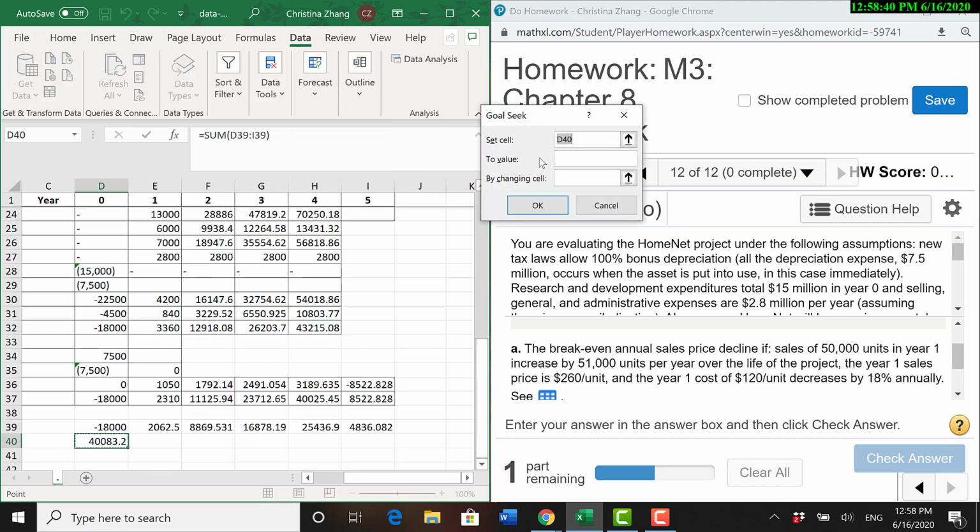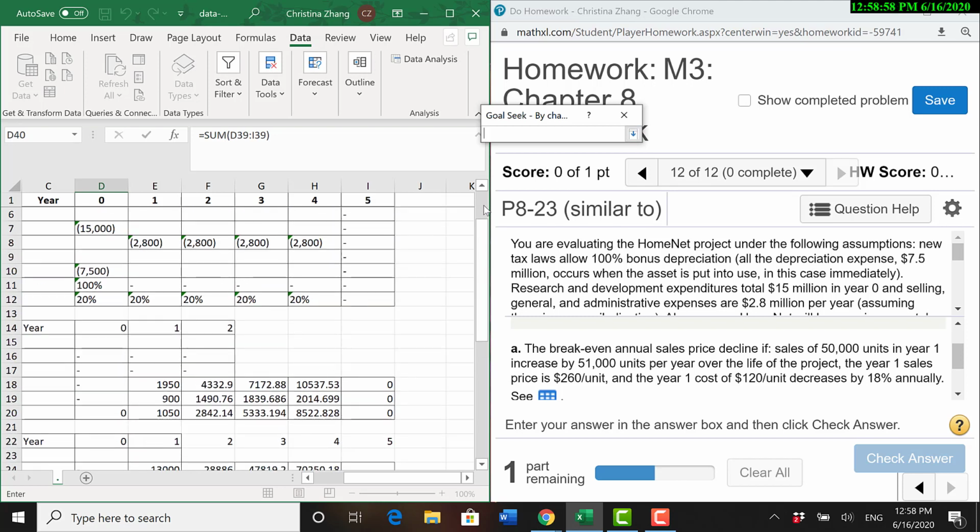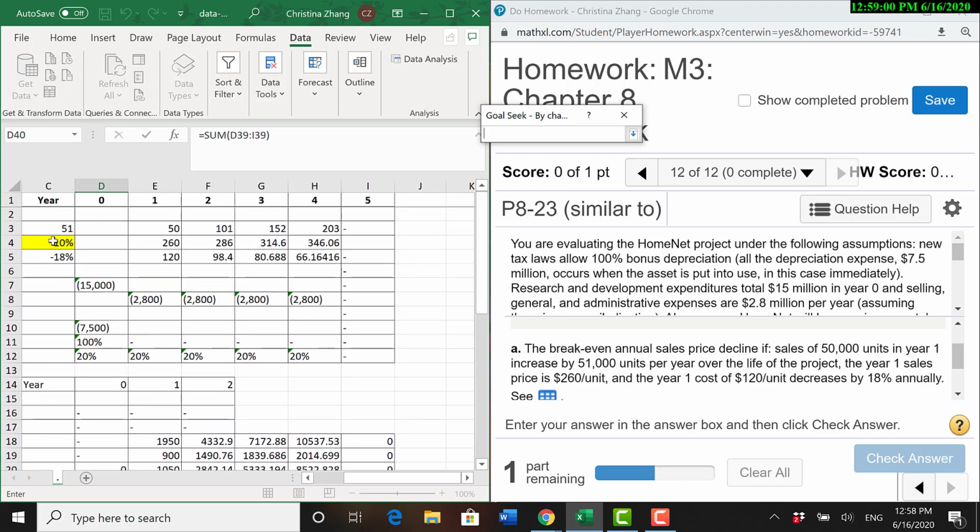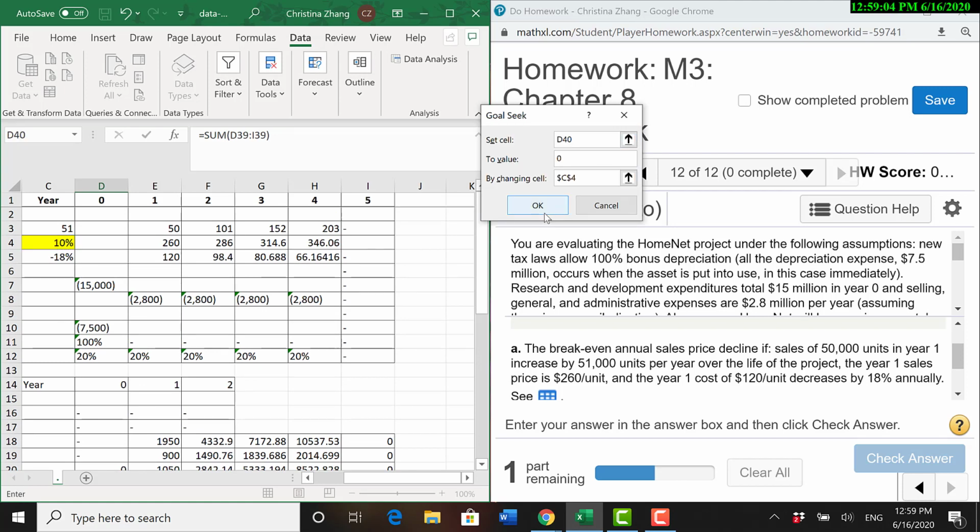So the Goal Seek allows you to set a target value, and then in order to reach the target value, you can change one of the variables. Okay, so in this case, it works perfectly for our situation because I have my target value, which is net present value, that needs to equal 0. And then my changing variable is going to be the highlighted sales, the selling price.